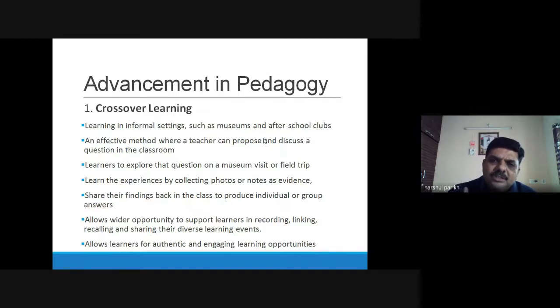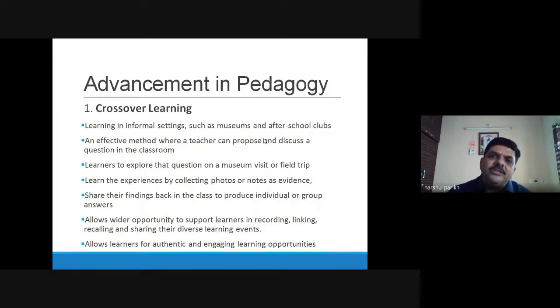After discussing a question in the classroom, learners explore that question while visiting a museum, an informal setting, or on a field trip. Learners get experiences.